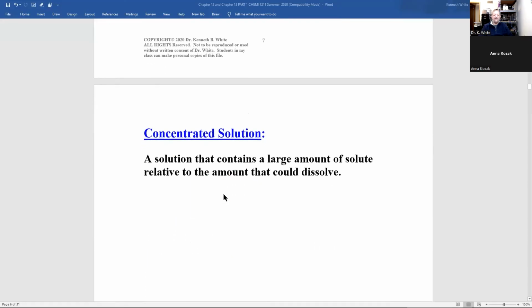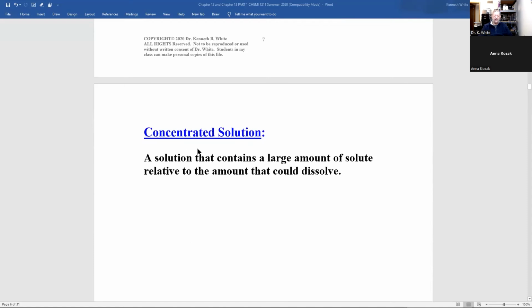All right, now another type of solution that you should know is called a concentrated solution. And a concentrated solution contains a large amount of solute relative to the amount that could dissolve. So if I have my bottle of water and I can put in 250 grams of sugar to dissolve in this water, let's assume I could.